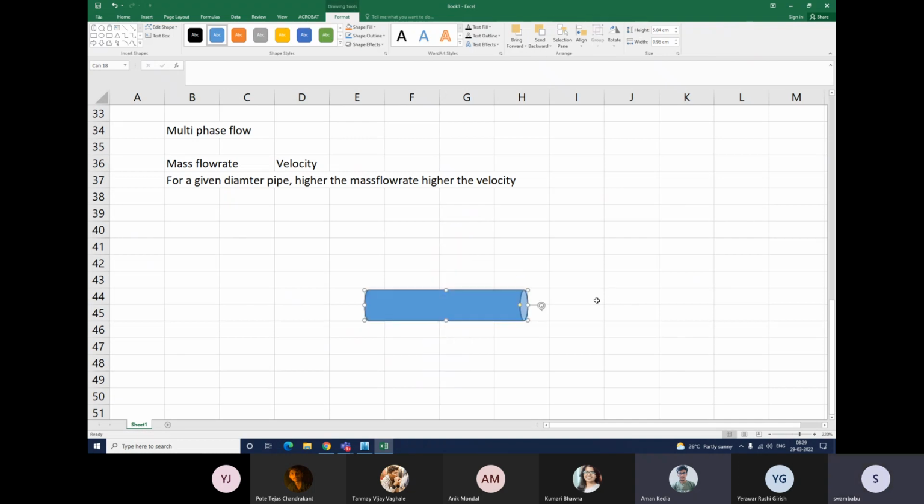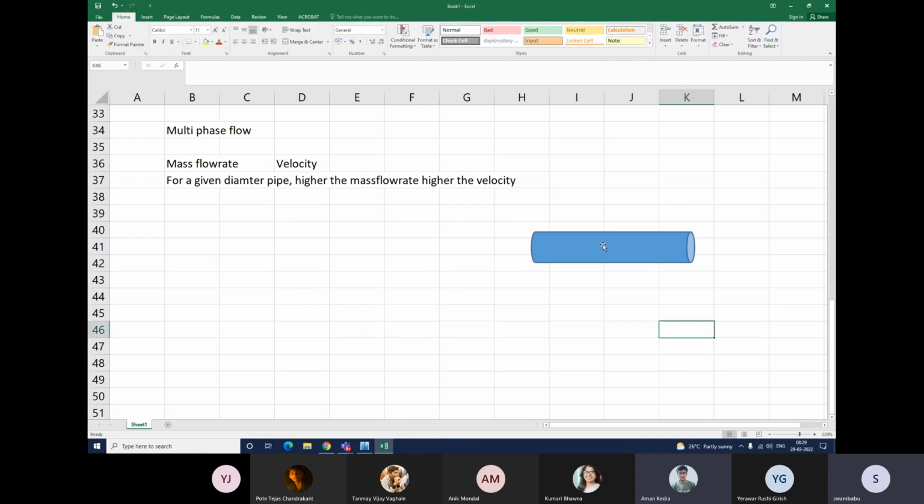So this is a pipe, and the fluid is flowing into this pipe, and this needs to be maintained at a certain temperature. When the fluid flows, since the pipe is exposed to atmospheric air and because of the temperature gradient, the fluid might lose certain energy. One way is you can keep an insulating pipe and control the temperature.